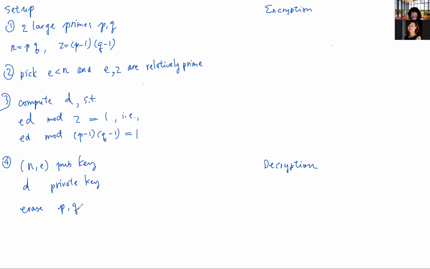So it's very important that you don't reveal P and Q. And the assumption is, of course, that factorization is difficult. So that's the setup.